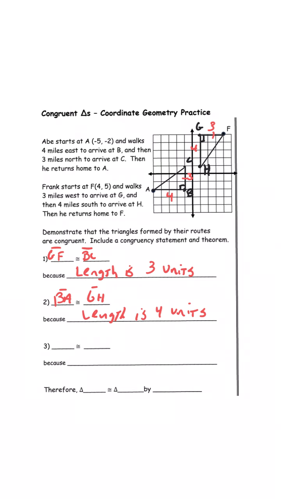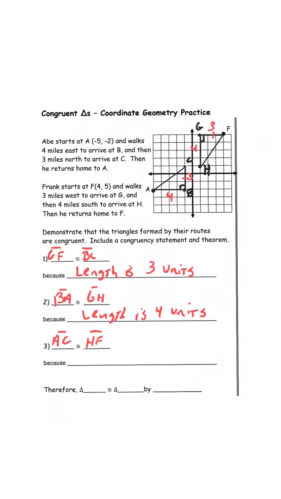Now, what I can't say without showing math is that AC is congruent to HF. Now, in order to do that, I counted 3 and 4 because this is about the distance formula, but if I use the Pythagorean theorem, I can get the same thing.